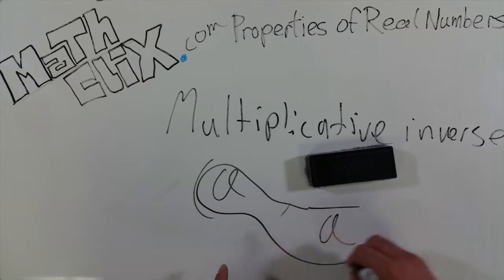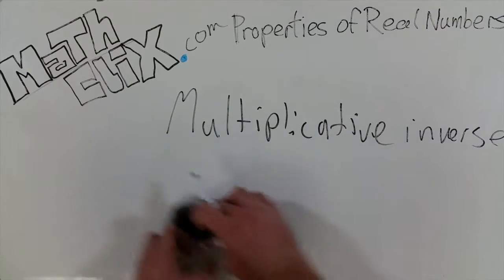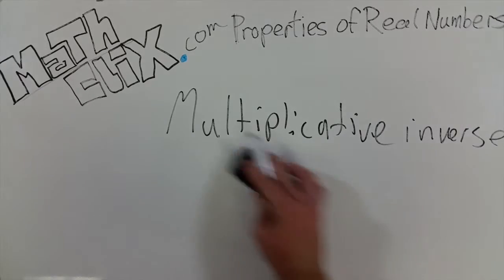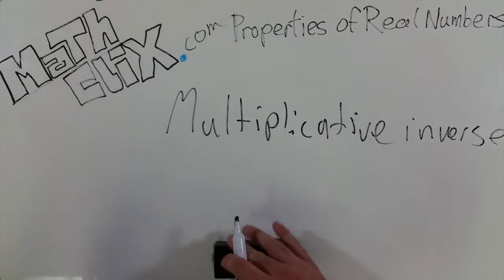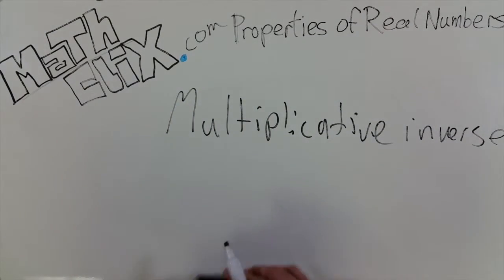And the a's scoot in together. And equals 1. You did the inverse. You multiply, then you divide. You divide, and you multiply. You can swap that around too.